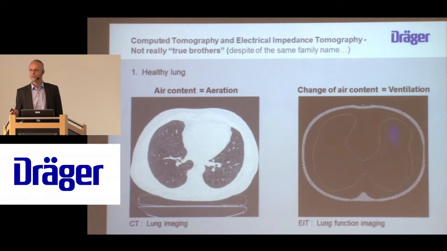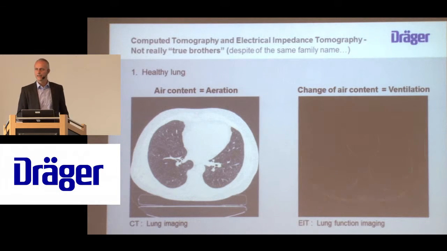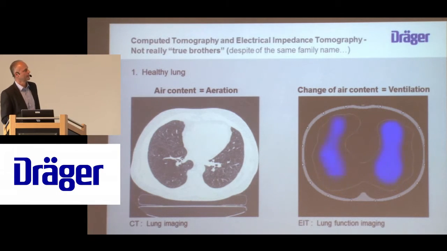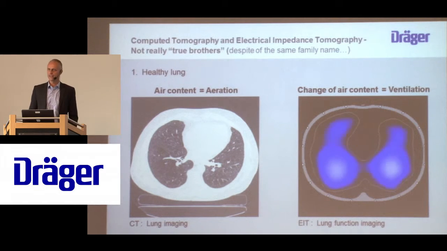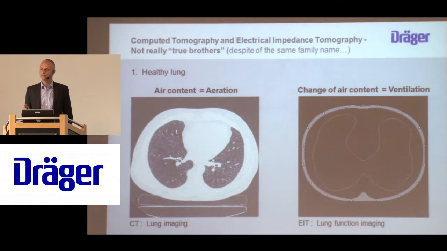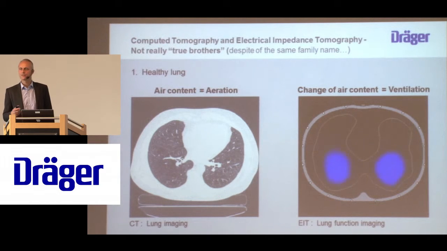It could also be that due to massive overdistension, the compliance goes down, which in a very extreme case could lead to a non-ventilated region in the ventral parts of the lung. Blue means there is ventilation taking place, and white means the most ventilation is taking place. Some people have mistaken the white color as overdistension. That is not true. It's actually the regions with the best compliance.